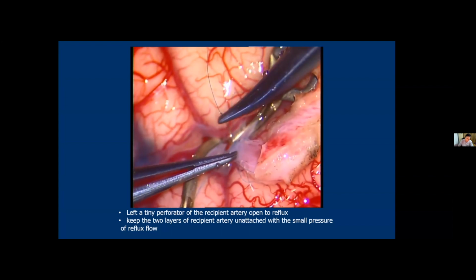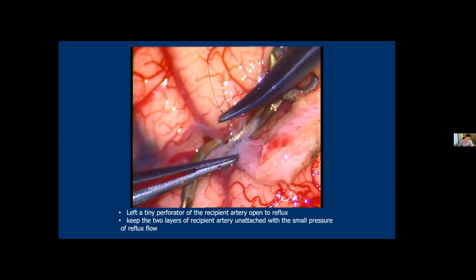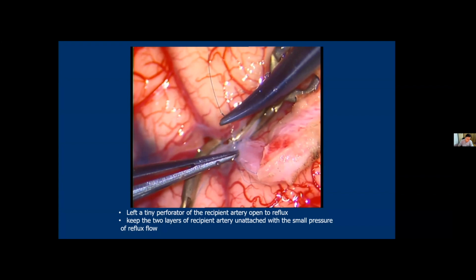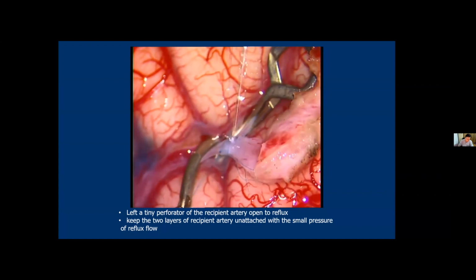With the red color of the blood, we can see the recipient artery and the vessel wall, both the donor and the recipient artery, very clearly.